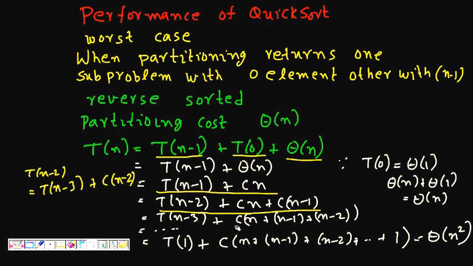Okay, so this way if we keep on writing, we see that it will become theta of n square, because 1 plus 2 plus 3 till n. The sum of the first n natural numbers is n times n plus 1 by 2. This is theta of n square. Okay, so that's why in the worst case it is theta of n square.